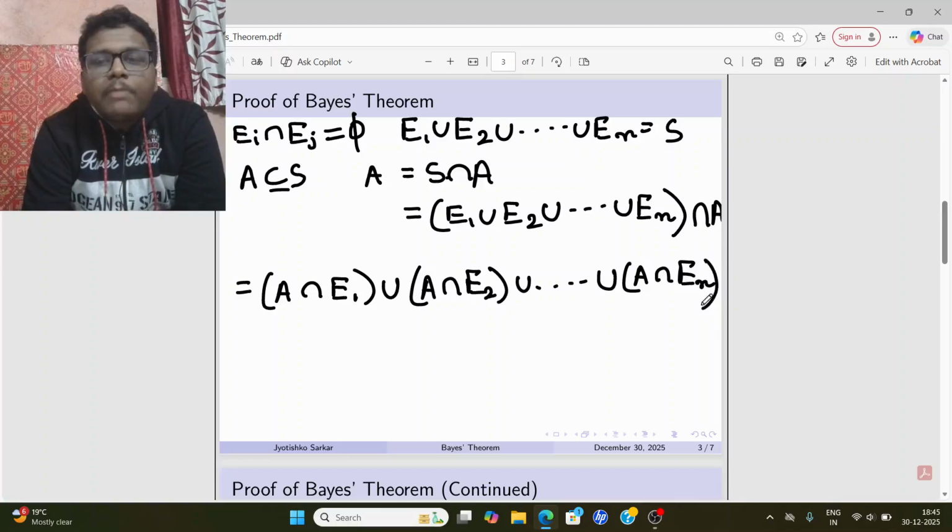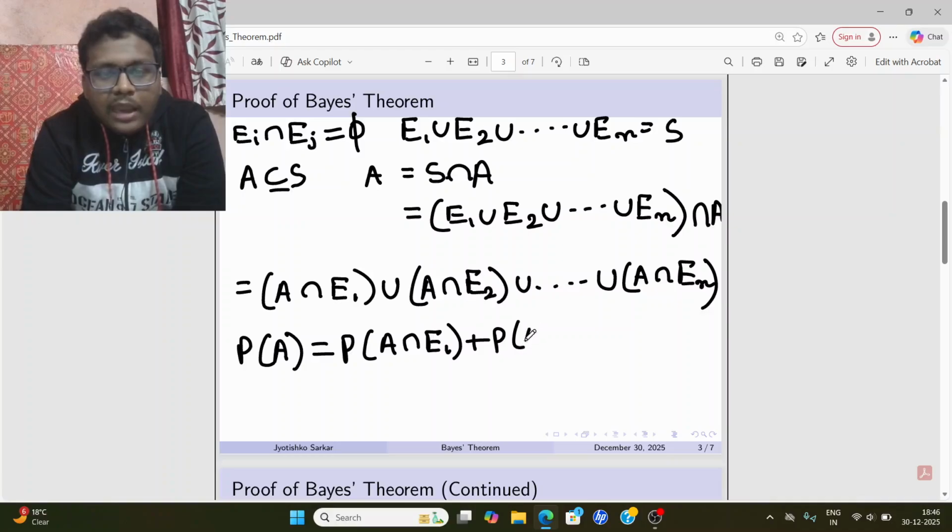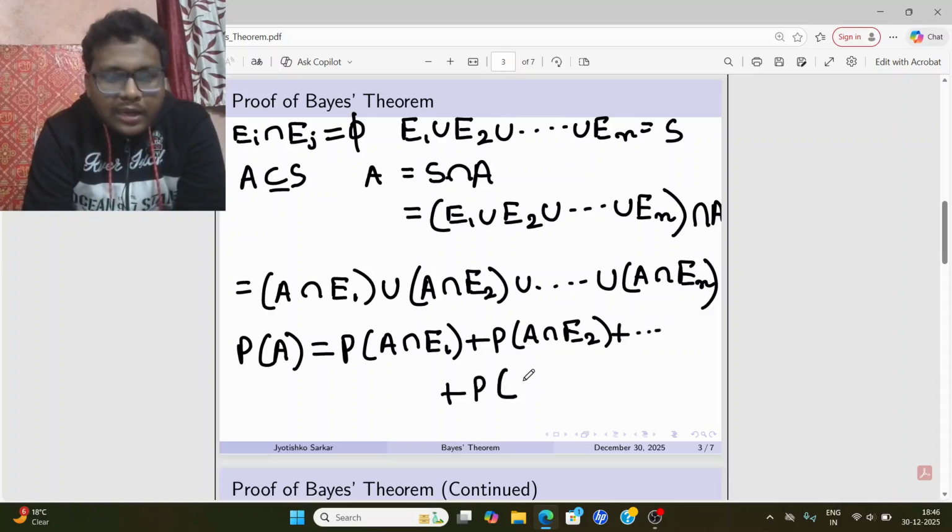Now if we take probability on both sides, we will get that the total probability of A is equal to probability of A intersection E1 plus probability of A intersection E2 and up to probability of A intersection En.